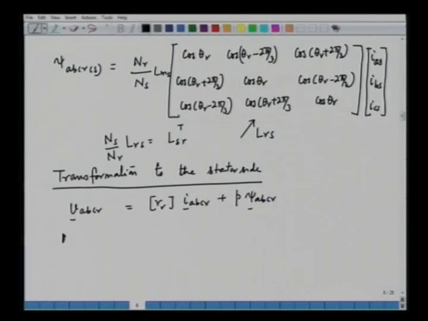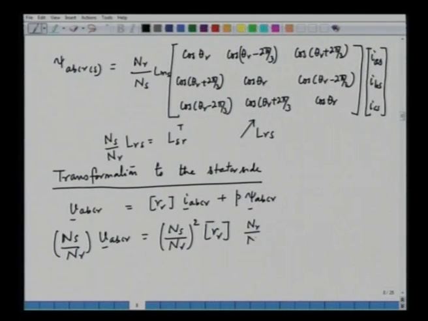So we can multiply the left hand side with Ns by Nr. Ns by Nr into VABCR, that's equal to Ns by Nr square RR.